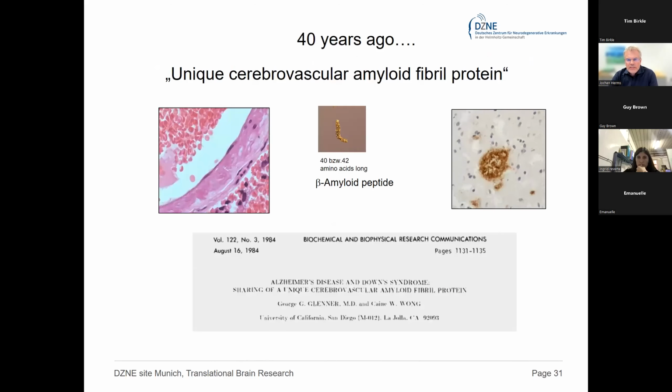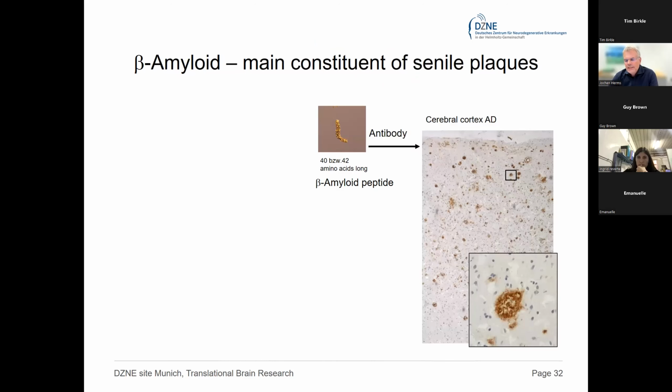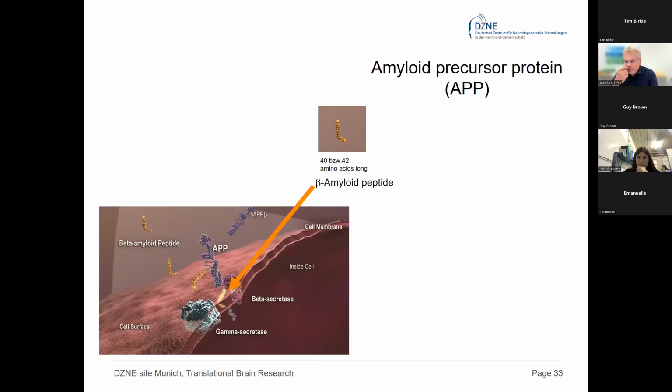So A-beta was described 40 years ago based on the analysis of vessels obtained from Down syndrome patients, where they found a peptide, and this amyloid peptide is what aggregates into these plaques. And the amyloid peptide is a part of the so-called amyloid precursor protein.